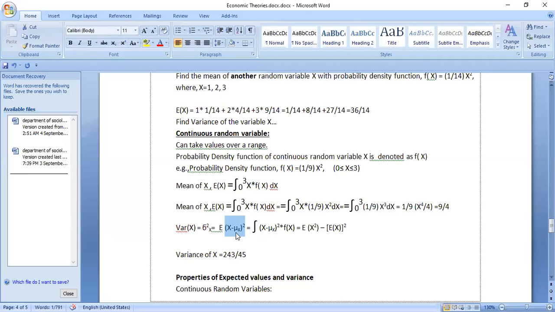So basically what you are doing is you are trying to find the deviation from its mean. And deviation from mean, you square that and take the expectation, and it's a kind of an average dispersion. So what is a variance? Variance is a measure of dispersion from mean.